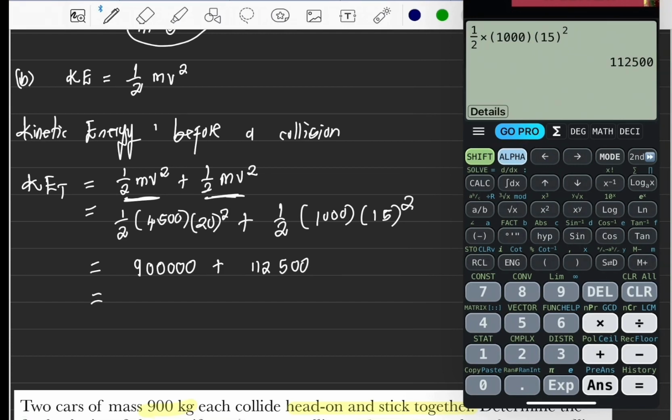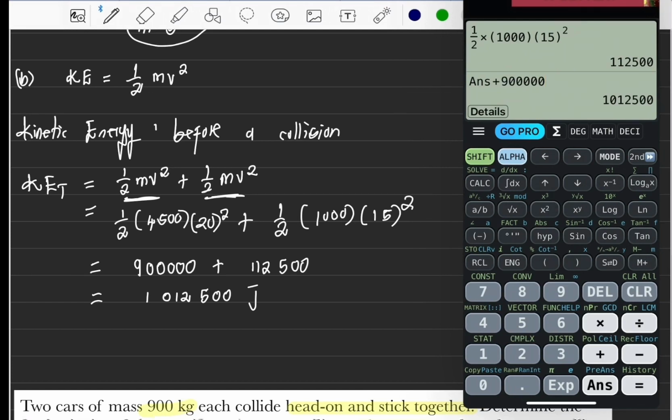Then you add those two, 112,500 plus 900,000, and you have 1,012,500 joules of energy.